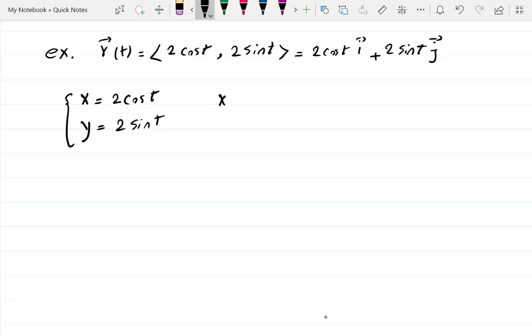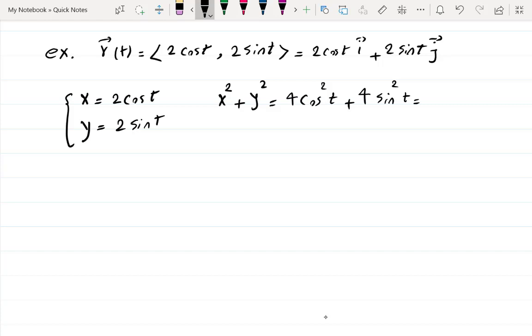And look at this here. x squared plus y squared is equal to 4 cosine squared of t plus 4 sine squared of t.